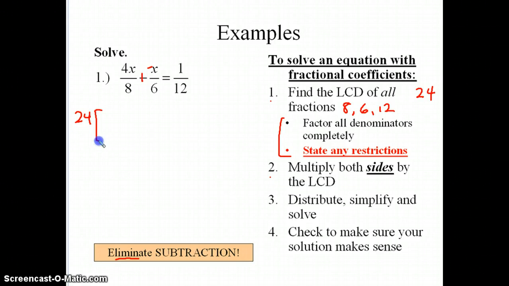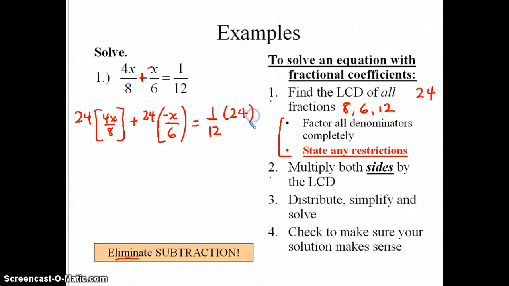So I'll go 24 times 4x over 8 plus 24 times the opposite of x over 6, and then 1/12 times 24. So when I look at this, I'm multiplying 24 by every single fraction.